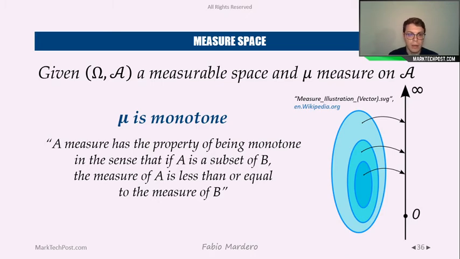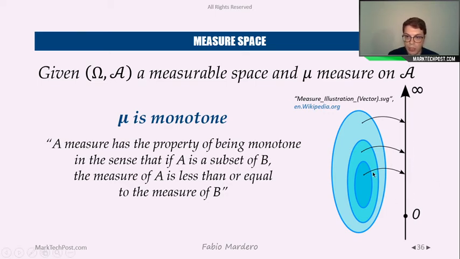In particular, a measure is monotone in the sense that if A, this inner set, is a subset of B, this bigger one, the measure of A will be less or equal than the measure of B.